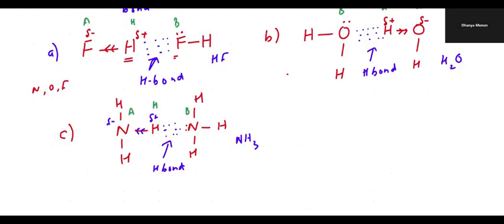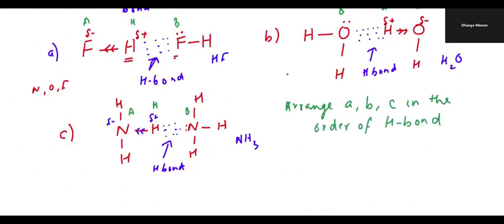Arrange A, B, C in the order of hydrogen bonding, which is having the highest, which is having the least. I hope you will be able to guess. Fluorine is highly electronegative compared to nitrogen and oxygen, so definitely HF will have the stronger hydrogen bond. The next one will be water and the next one will be ammonia.